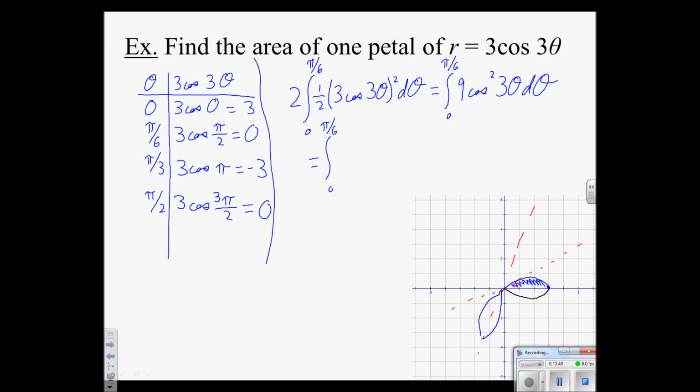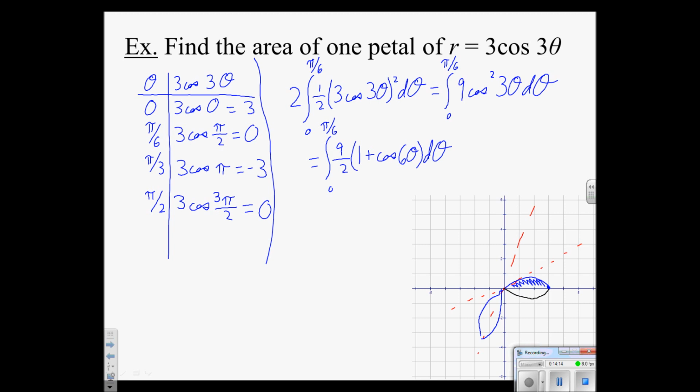Cosine squared becomes 1/2, so I'll leave the 9 there, so 9/2 of 1 plus the cosine of twice the previous angle. So if the previous angle was 3 theta, then this becomes cosine of 6 theta. Yes, we are going to have to remember how to do all those integrals that we did a couple chapters ago.